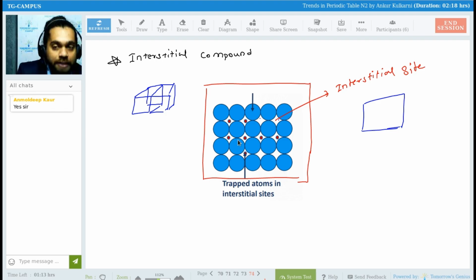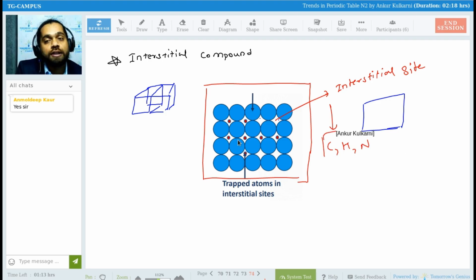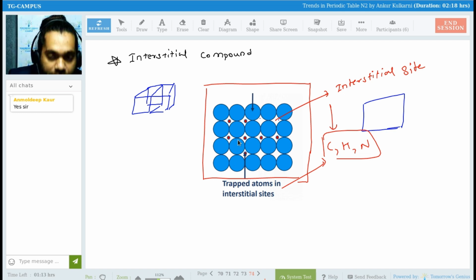Now some atoms like carbon, hydrogen, and nitrogen get trapped in that interstitial site. Why only they? Because their size is small. Your space is not that large that all the elements will fit in.